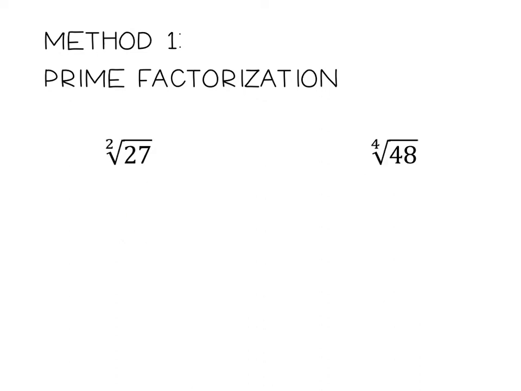Now we're going to look at simplifying radicals using that prime factorization. Those prime factorizations we already broke down. It was 3 and 9, and then 3 and 3. So I've got 3 times 3 times 3.